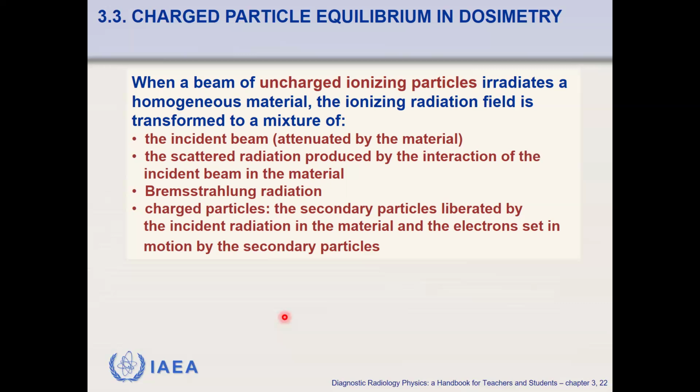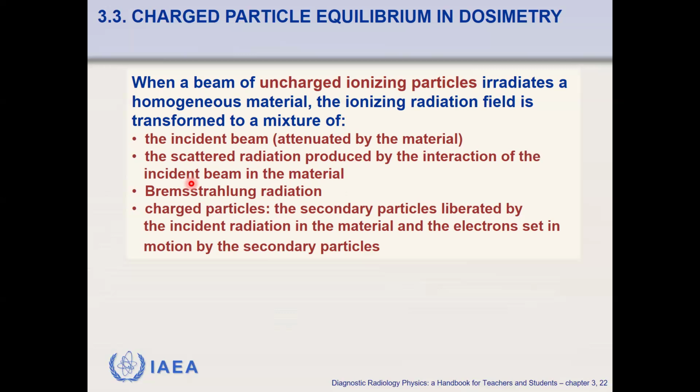When a beam of uncharged particles, meaning photons and neutrons for example, ionizing particles, irradiates a homogeneous material, the radiation field transforms into a mixture of the following: the incident beam, meaning the primary radiation, the initial uncharged ionizing particles that penetrate the material.